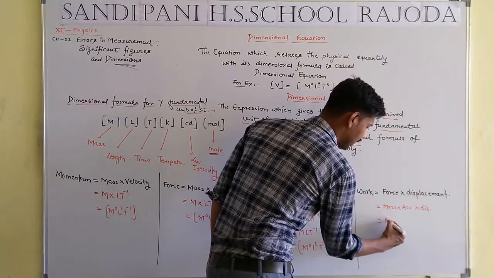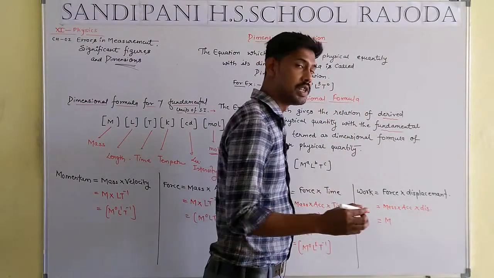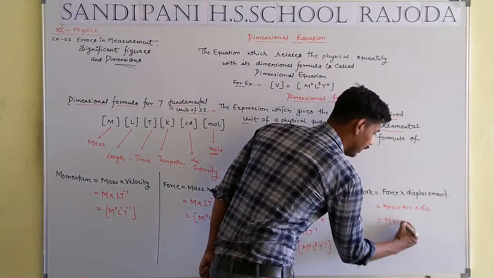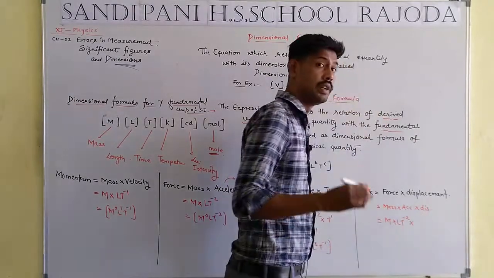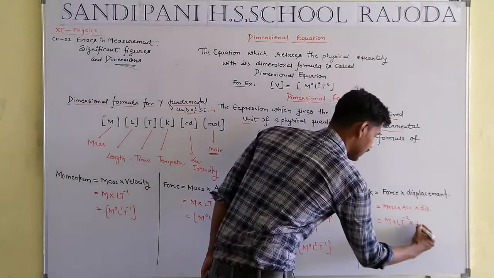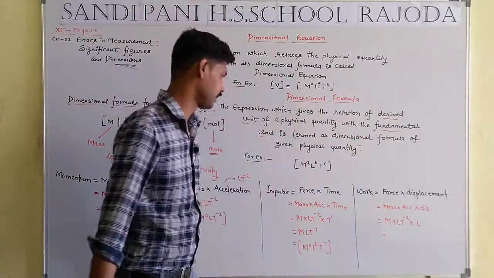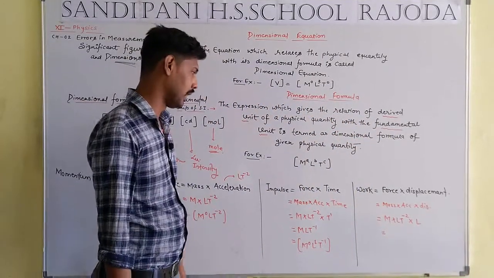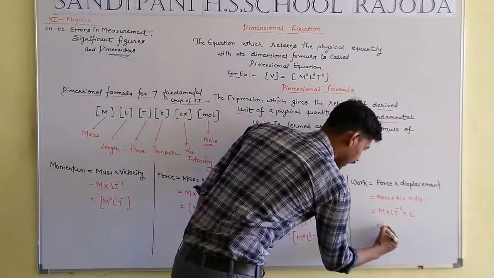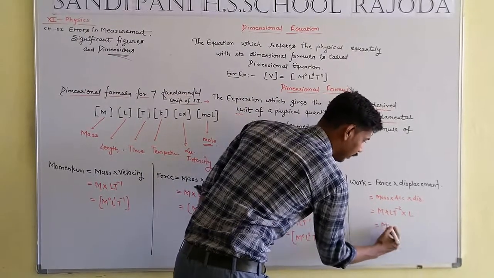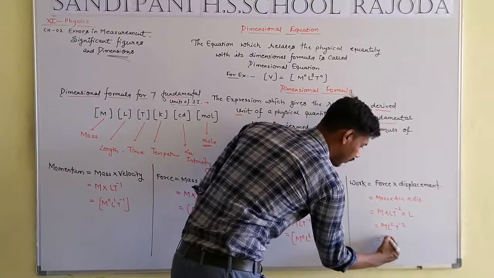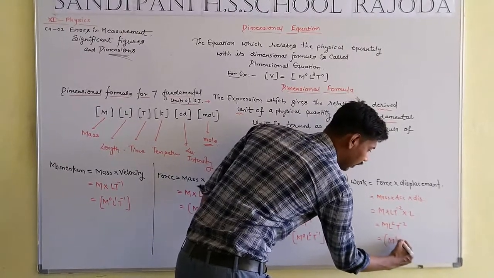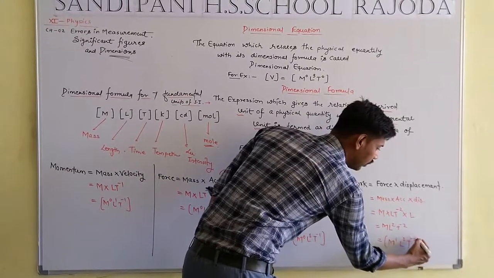Mass is represented by capital M, acceleration by L T minus 2, and displacement is L. Again we get M, and L multiplied by L will be L to the power 2 and T to the power minus 2. So the required solution will be M to the power 1, L to the power 2 and T to the power minus 2.